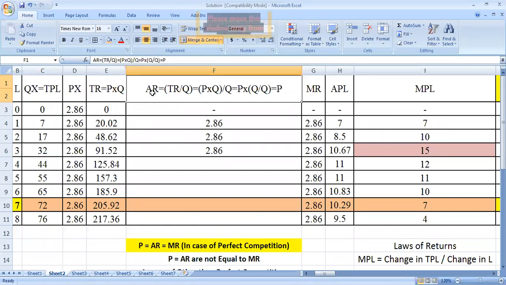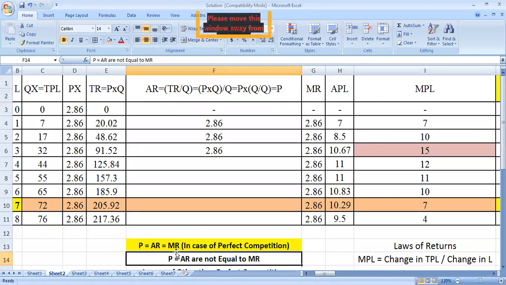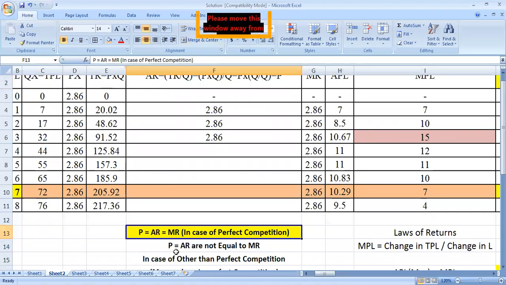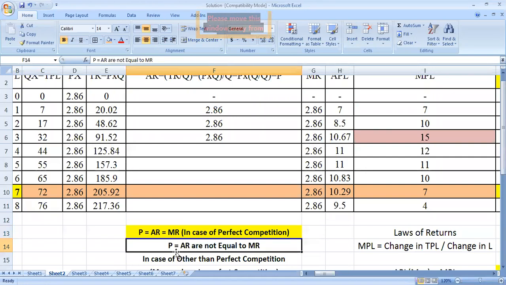So average revenue is always equal to price, no matter whether you are operating in perfect competition or other than perfect competition. Price and average revenue are always equal. But other than perfect competition, price and average revenue are not equal to marginal revenue.